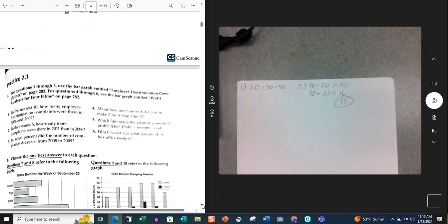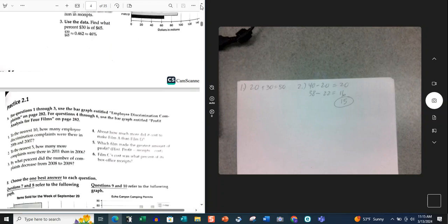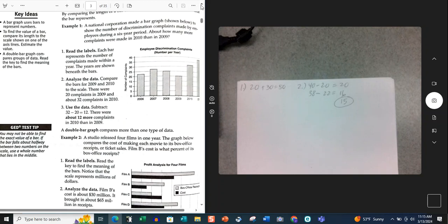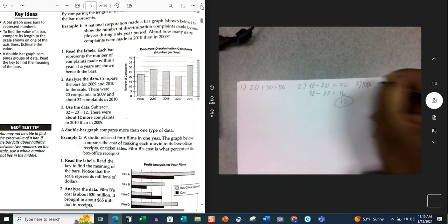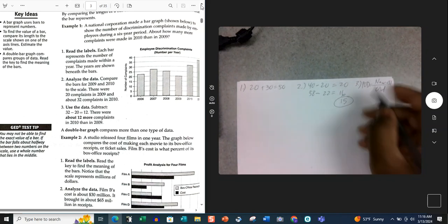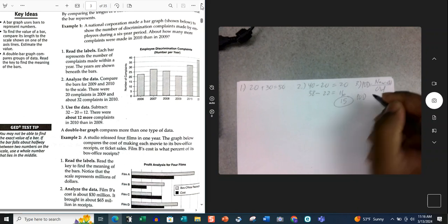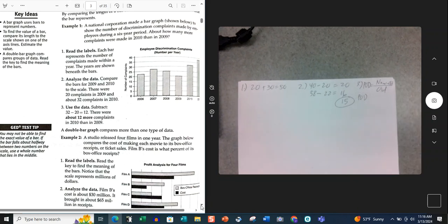It says, by what percent did the number of complaints decrease from 2008 to 2009? So we're going to do a percent of decrease. We know it's new minus old all over old. So let's take a look.